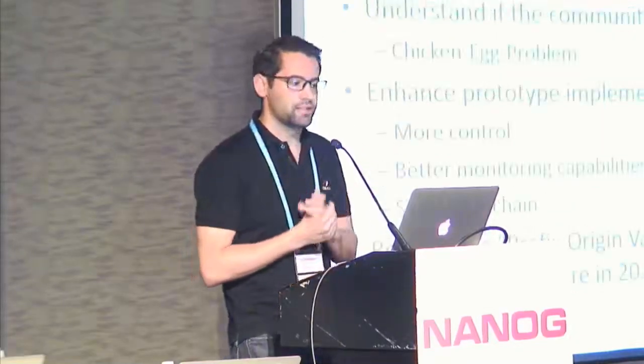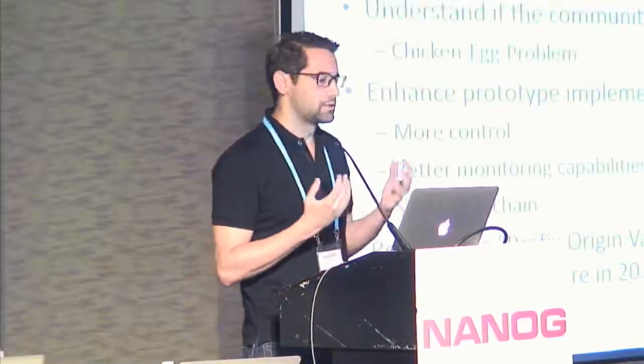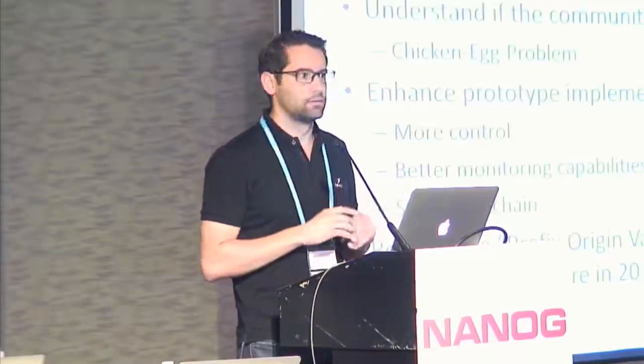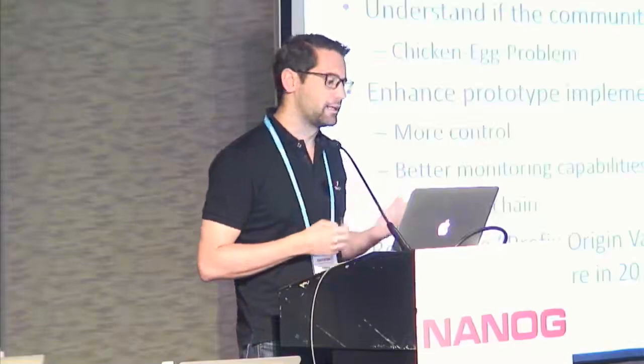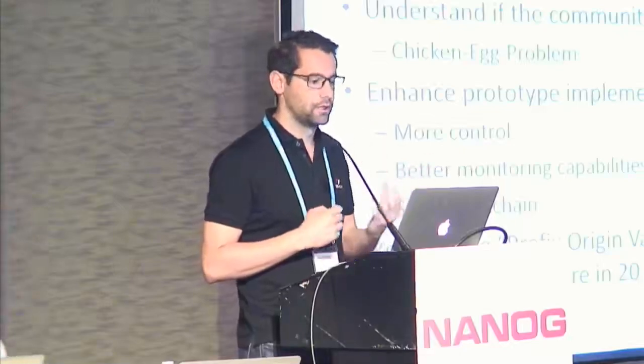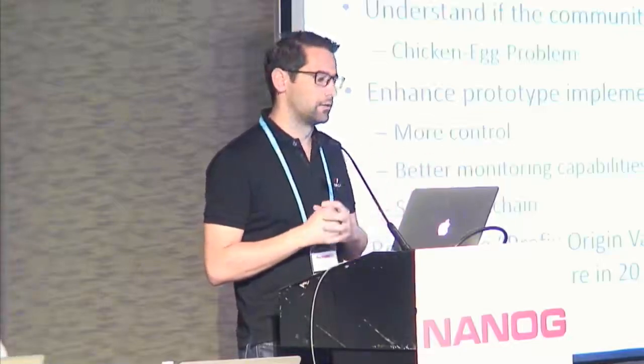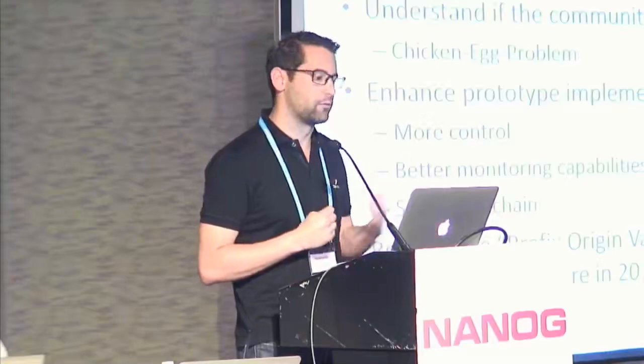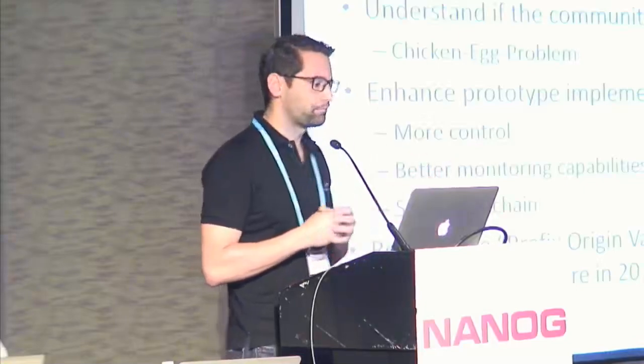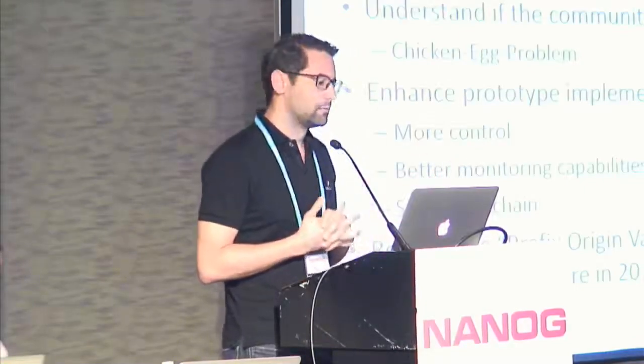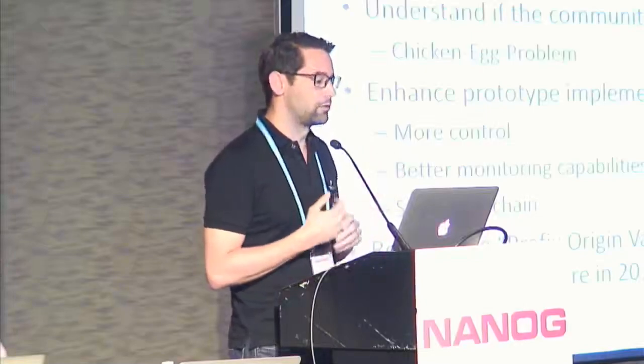So what are our next steps? Obviously, as we saw today, RPKI is a chicken-and-egg problem. It's very hard to push people to do the first step, to make an effort, and not really gain the benefit right away, maybe later on. We need to enhance our prototype implementation to really provide it as a service.